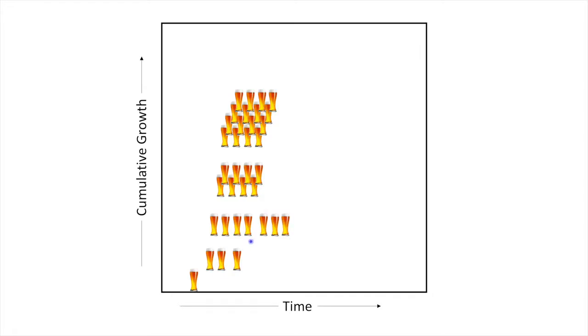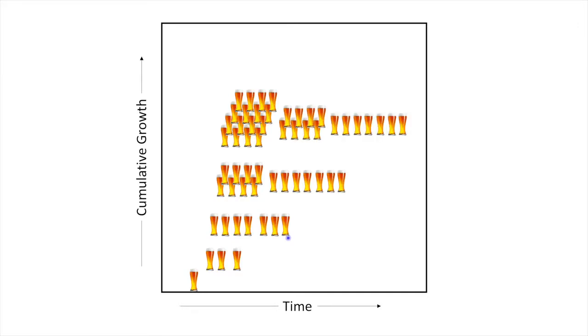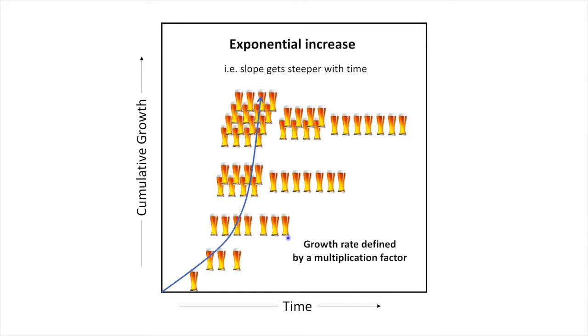And after 3 days, we have consumed a total of 7 beers, and so on and so forth. And the numbers are going to increase dramatically here because our consumption rate is going up by a factor of 2. This is what is known as exponential increase. So in this case, our slope of our line is getting steeper and steeper with time because our growth rate is being defined by a multiplication factor.